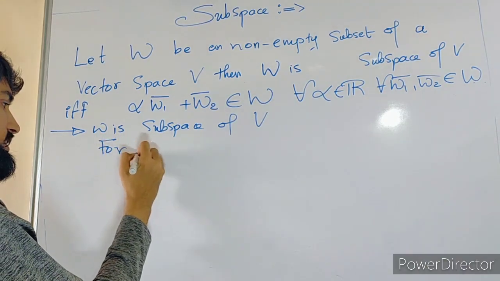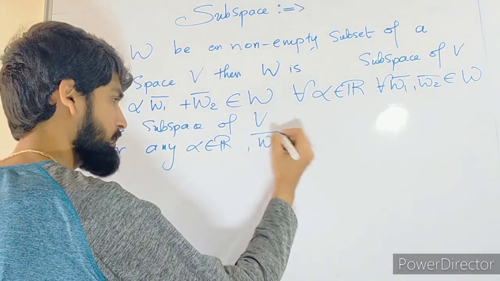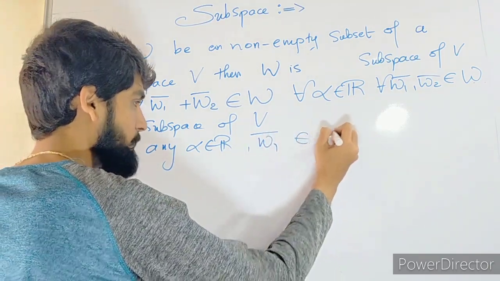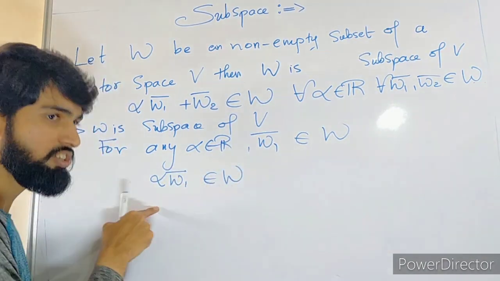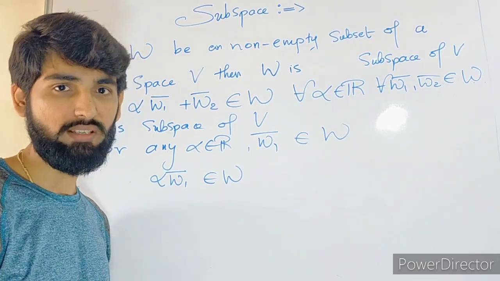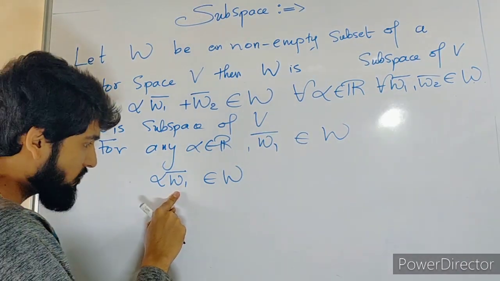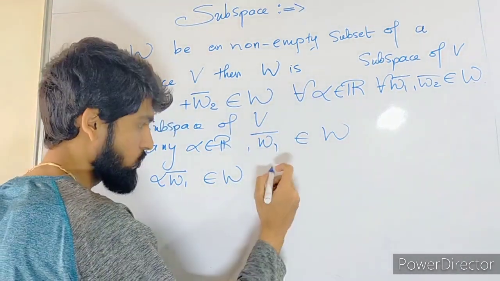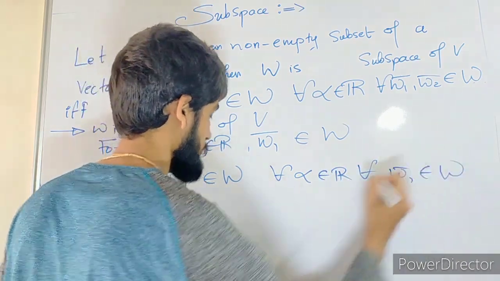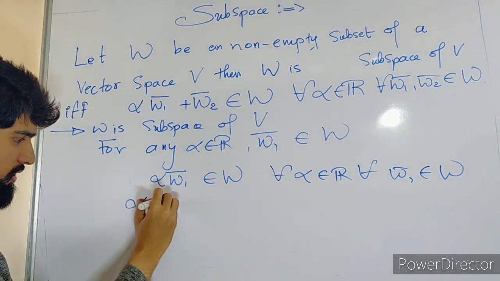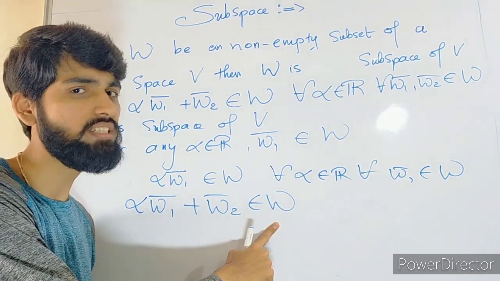That means if I consider any element alpha inside R and any element W1 bar inside W, then alpha into W1 bar is an element of W. By which condition? By M1, right? We know that scalar product is closed. So alpha W1 bar is an element of W for all alpha inside R and for all W1 bar inside W. Now if I add this with any other element, I will still be inside W. By which condition?